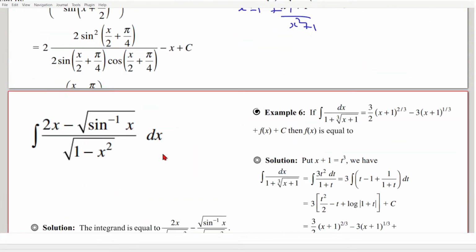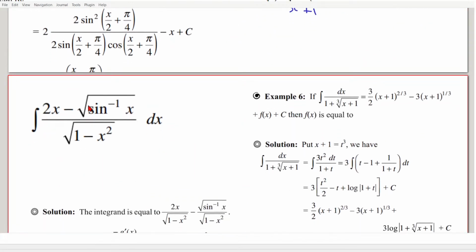Okay, this one, just tell me the idea. You should recognize some similarities, some related things in this. So sin inverse x is t, and 1 by under root 1 minus x square dx is dt.